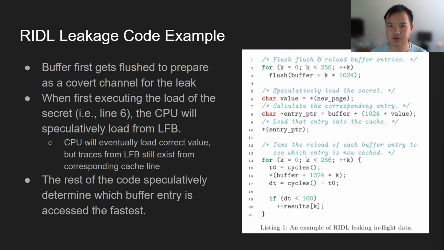Eventually the CPU will catch on and load in the right value, but, like I said before, traces of the LFB data still exist in the corresponding cache line. The rest of this code, from line 12 through 20, checks which index was accessed most recently, and then grabs that data entry, so it's leaked.